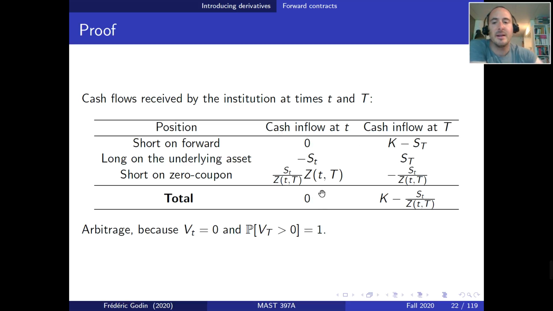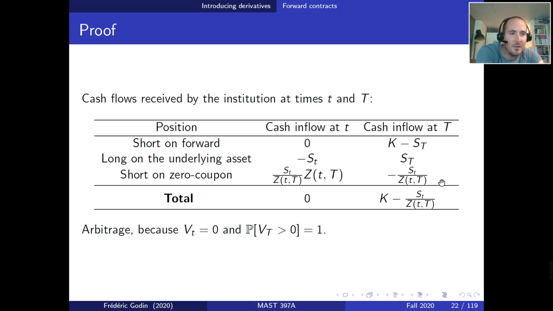Furthermore, at maturity, we've sold some zero coupons, so we must purchase them back to return them to the third party at time capital T. So we must pay the number of shares we want to purchase times the price of the share. But what's the price of the share here? The price of the share is exactly 1.